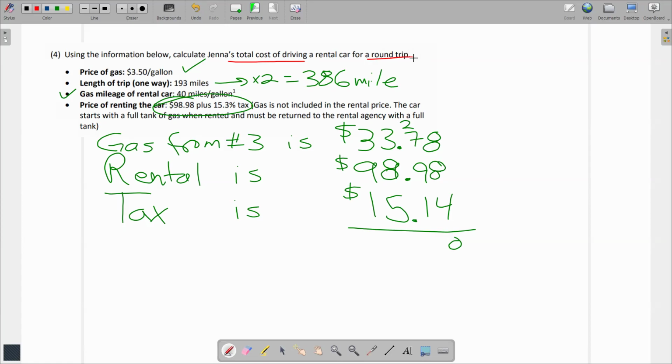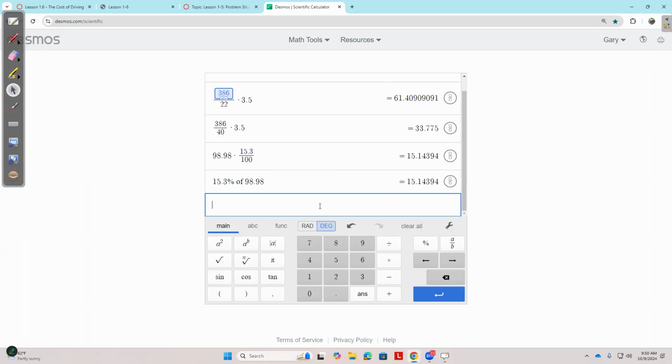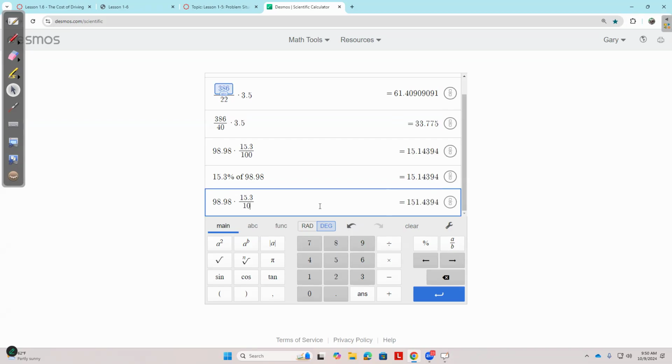How did you do that tax again? So yeah, anytime tax is always just multiply. For that one right there, I'll just take 98.98 times 15.3 as a percent, divide by 100. So again, I'll just repeat that, right? 98.98 times 15.3, and then to make that a percentage, I just divide by 100 because percent means out of 100.